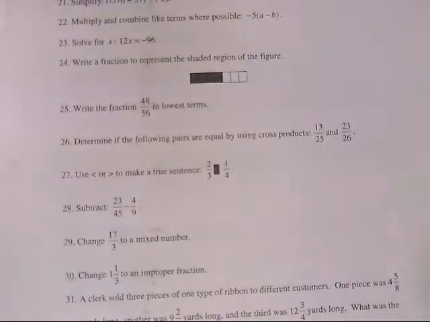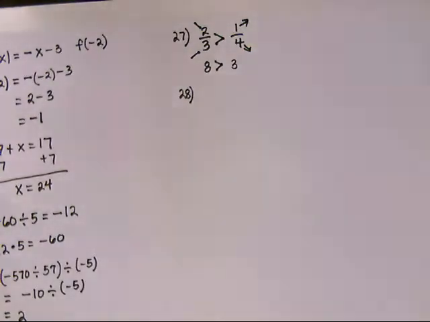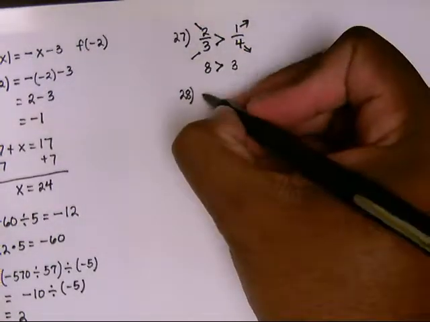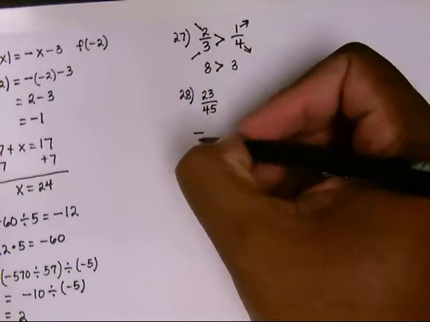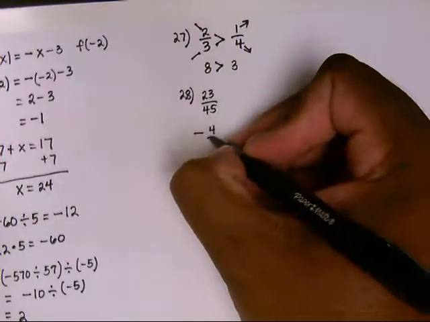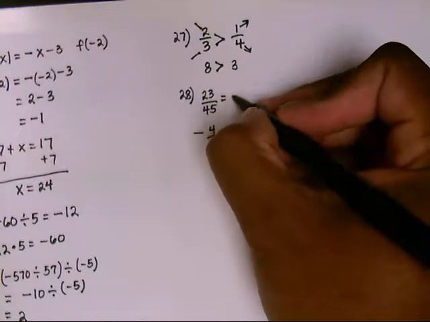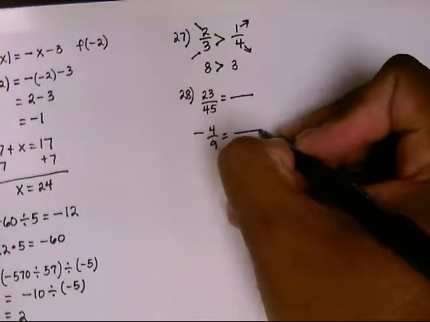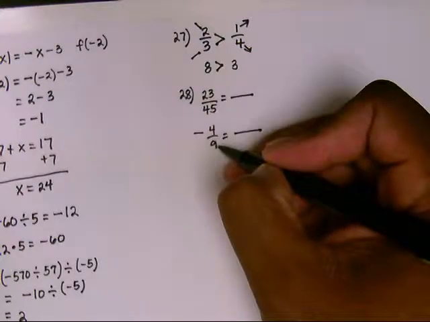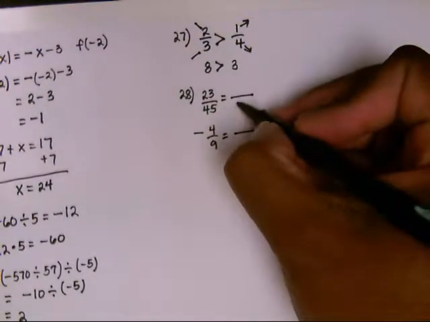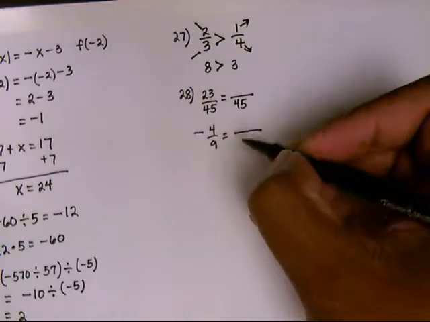Number 28. 23 over 45 minus 4/9. Here we're subtracting two fractions. I need a least common denominator for 45 and 9. In this case, it's going to be 45.